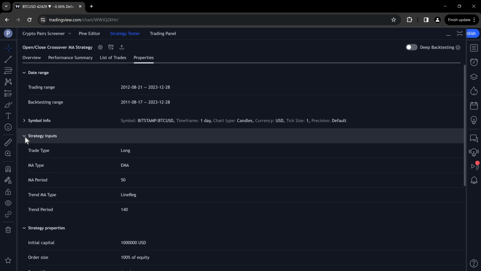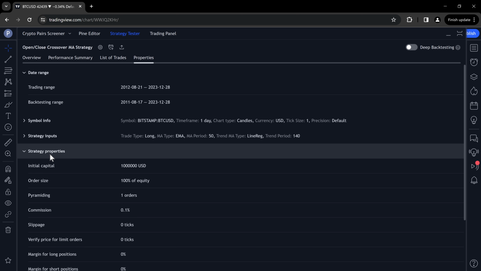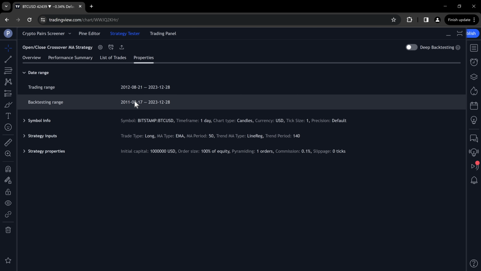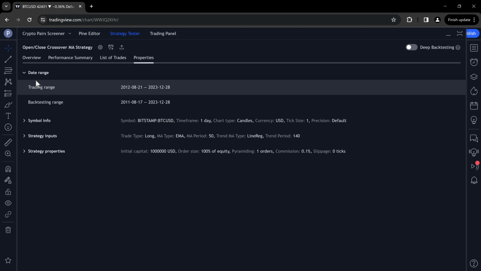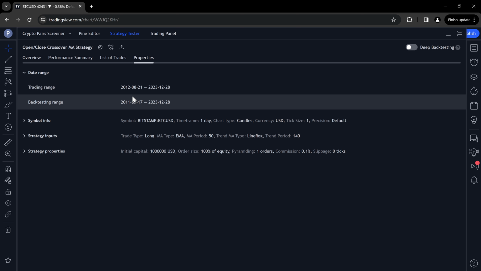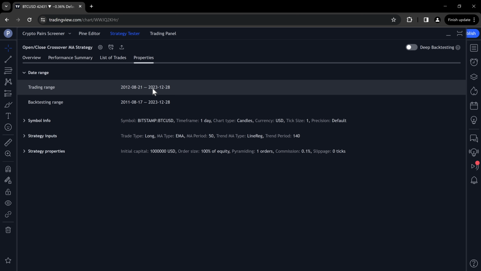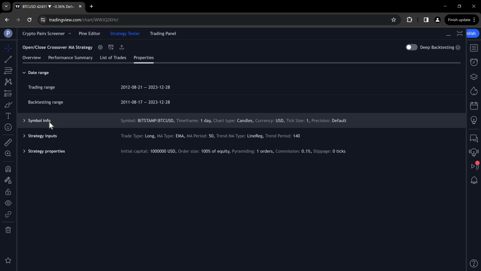Third, the strategy input. And finally, the strategy properties. So let's review in detail each of these property groups. First, date range. Date range includes the range of dates with simulated trades and the total available backtesting range. Trading range and backtesting range.